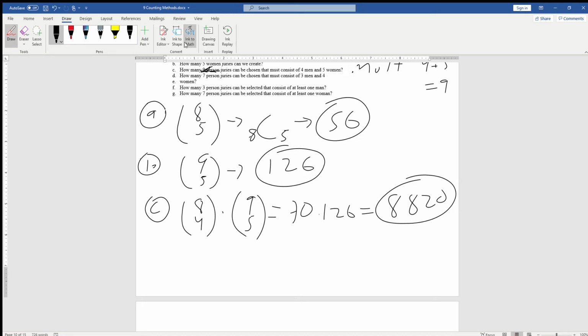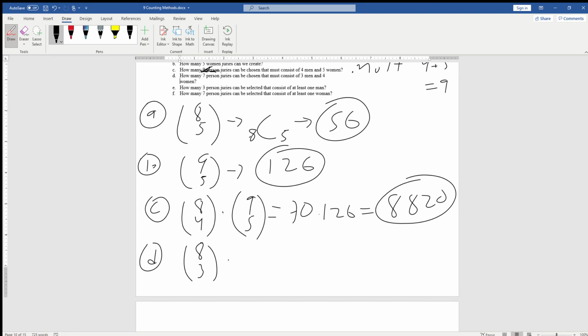Letter D. How many 7-person juries can be chosen that must consist of 3 men and 4 women? So once again, we're going to do the exact same process. Now we have 3 men. Remember, there are 8 men, and we want 3.